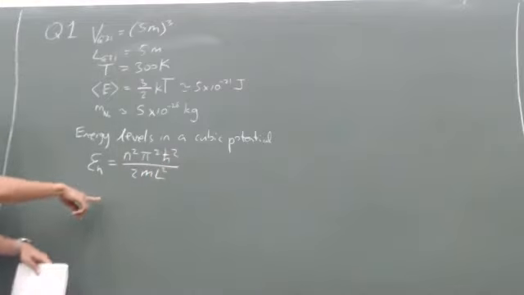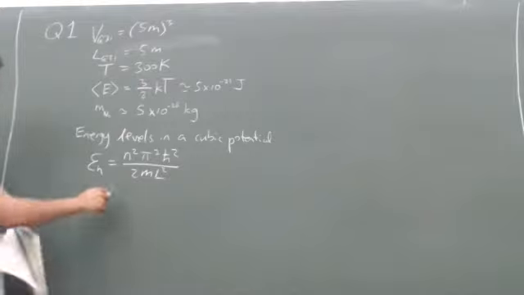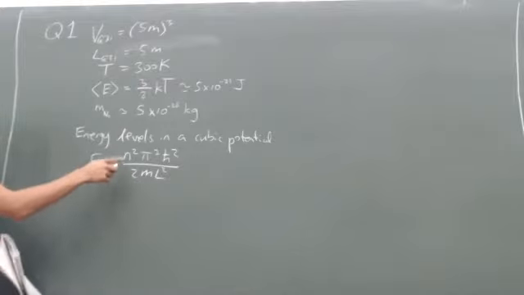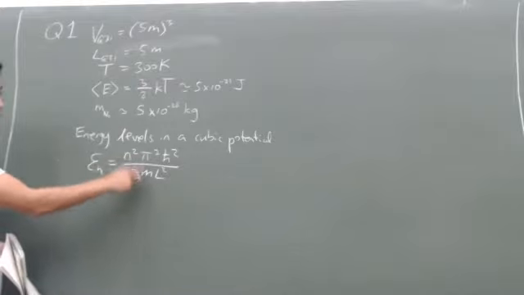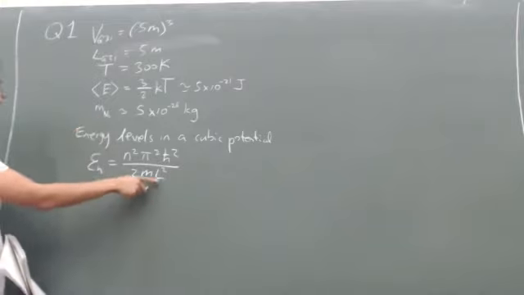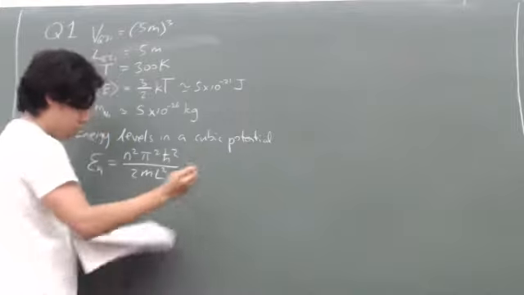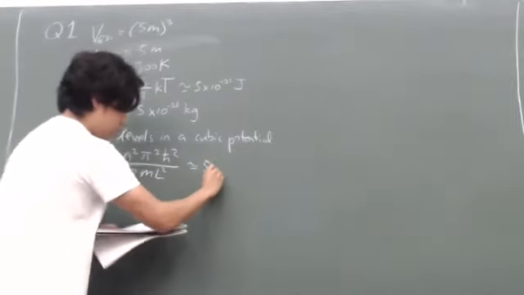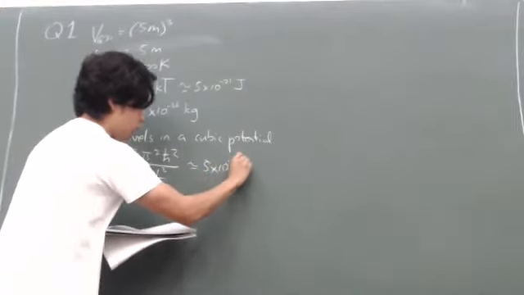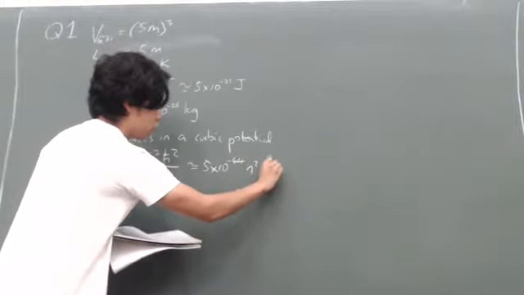That's derived from quantum mechanics, and I'm not going to go through it here. If we plug in the mass of the nitrogen molecule and the length of our potential, which is the room here, you get approximately 5 times 10 to the minus 44 n squared joules.